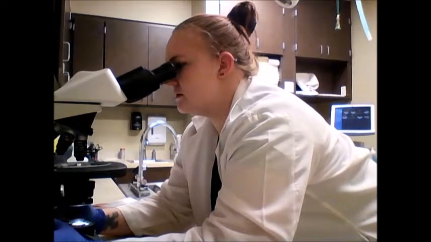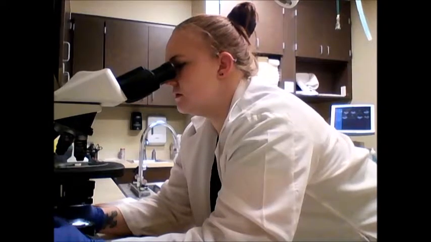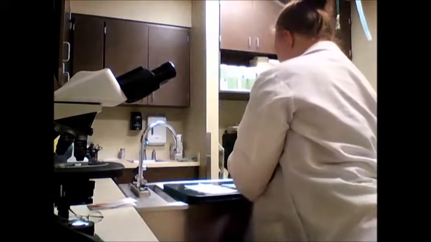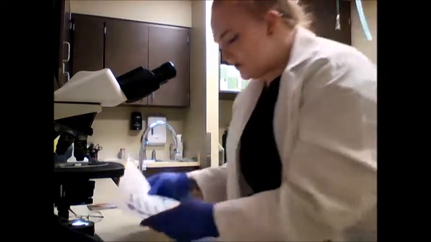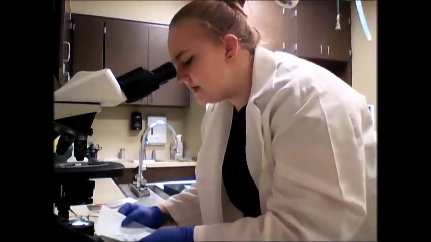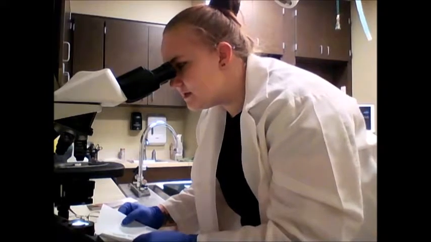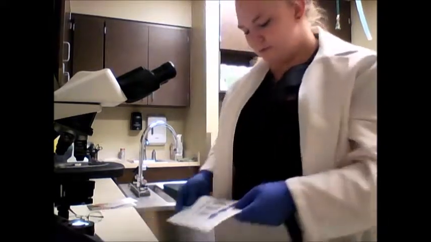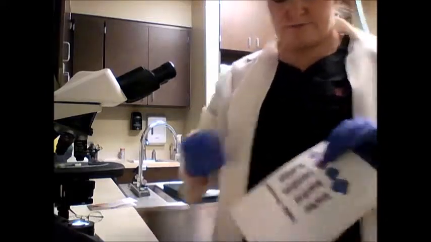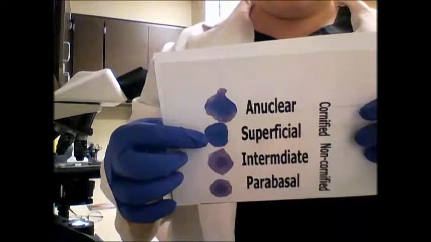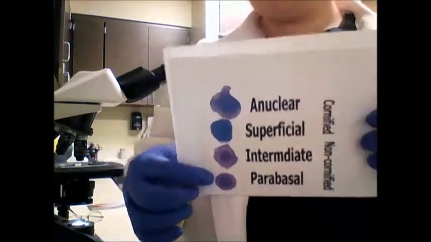I wish I could show you, but there's definitely parabasal and intermediate cells in this cytology. So the best way for me to show you is that there are anuclear, superficial, intermediate, and parabasal cells.